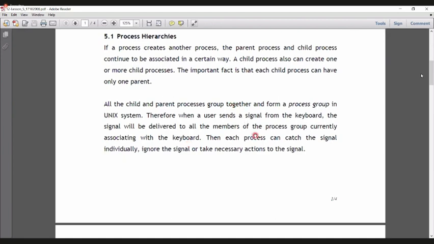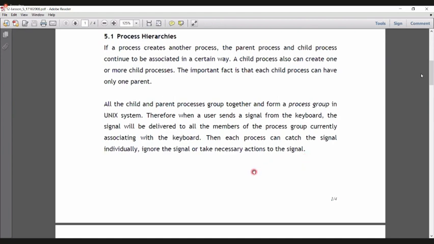So when you press a key, all such processes in that group receive it. Then each process can catch the signal individually, ignore the signal, or take necessary action on the signal.